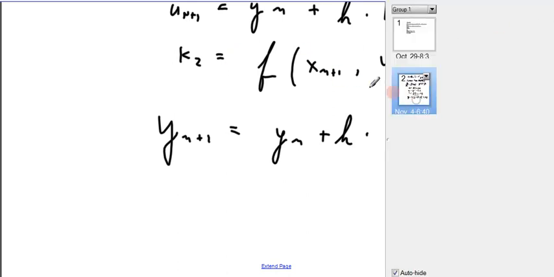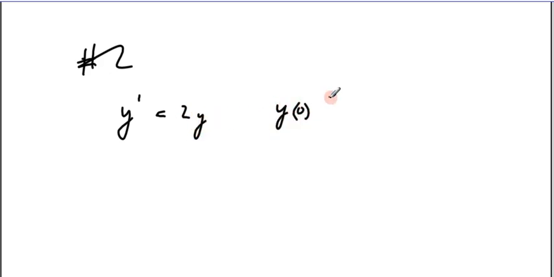Okay, so we'll start with problem number 2. Problem number 2 is y prime is equal to 2y, y at 0 is 1/2, and the analytic solution, y of x, which we're going to compare to, is going to be 1/2 e to the 2x.